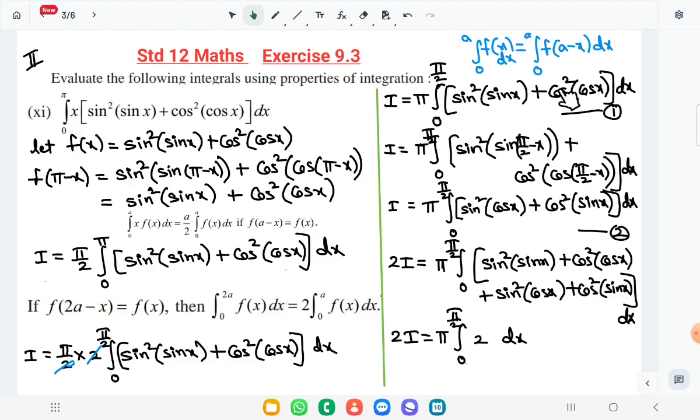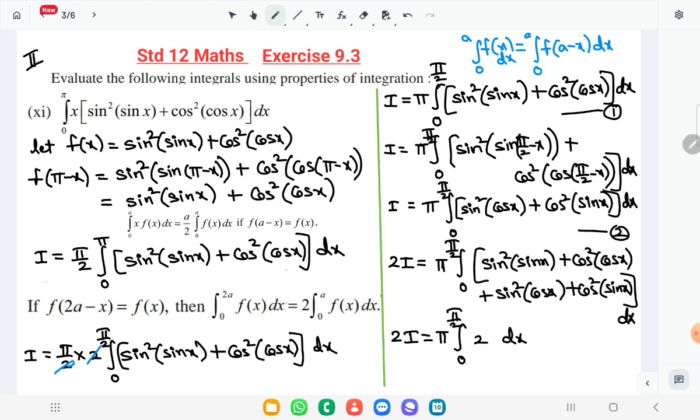Let us consider this condition as equation 1. Now x is replaced by pi by 2 minus x. Pi by 2 minus x lies in the first quadrant. In the first quadrant sine is positive, and cos is also positive. So you will get sine square of, since 90 degrees is there, sine changes to cos, and here cos changes to sine. Let us consider this as equation 2.